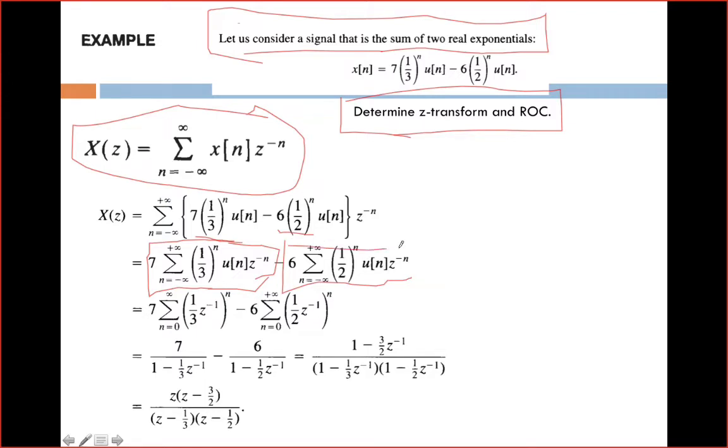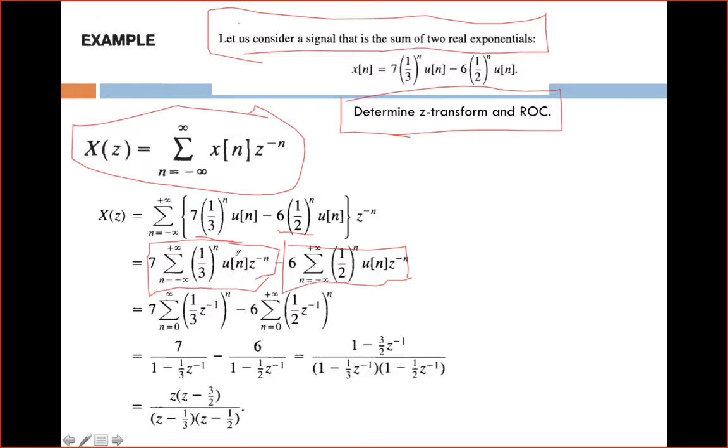In both summations u of n is multiplied. Because of this u of n, the summation range from minus infinity to plus infinity is reduced to 0 to infinity. I have written the summation after removing u of n.